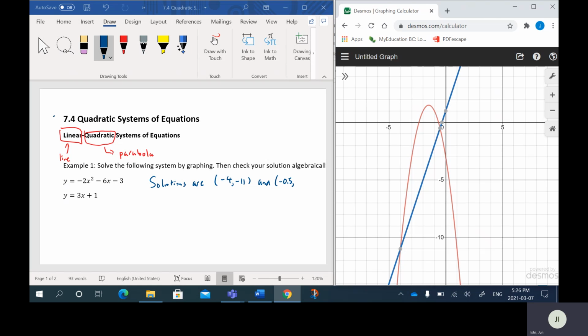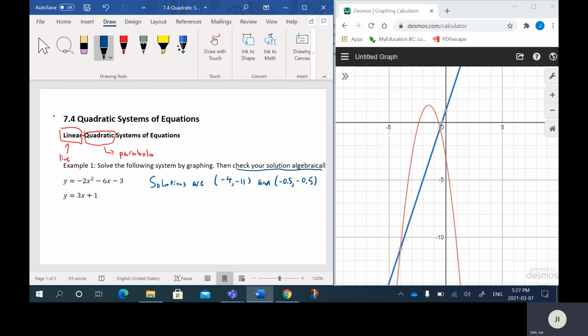So it is possible to have two solutions to a linear and a quadratic system. The second part here asks us to check your solution algebraically.